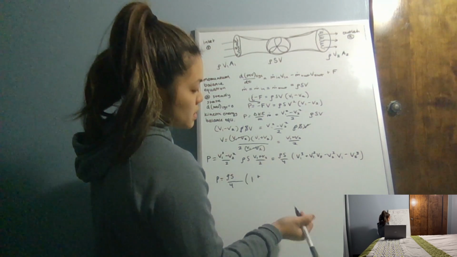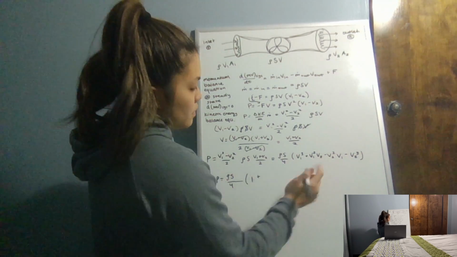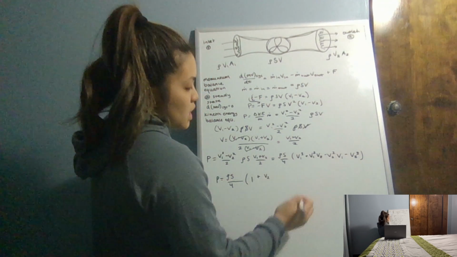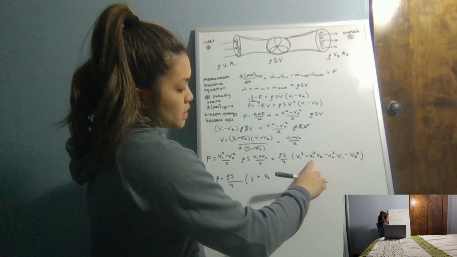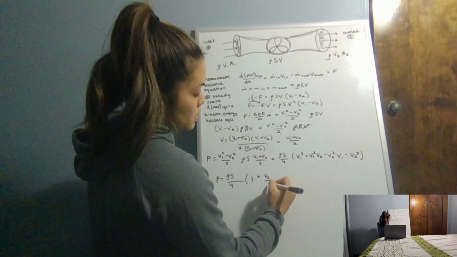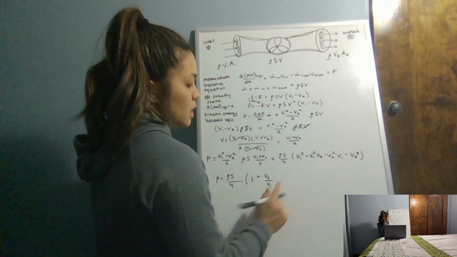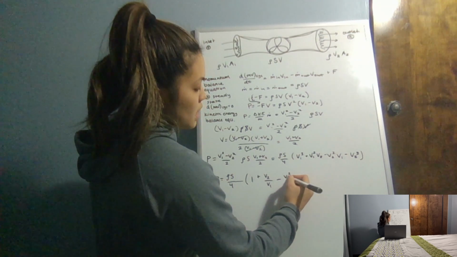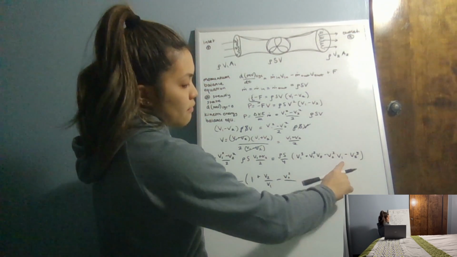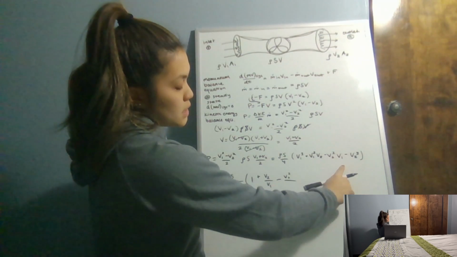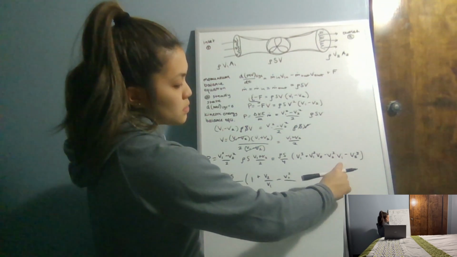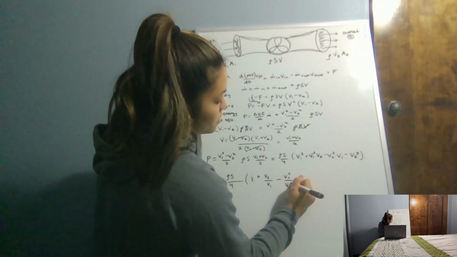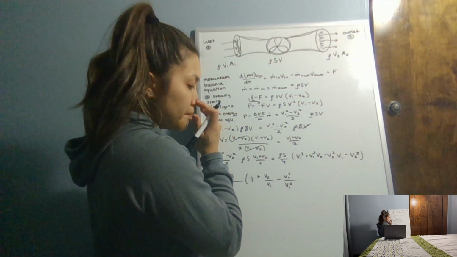Then we'll have plus the velocity 2, which will remain the same. If we divide by velocity 1 cubed, that will give us a velocity 1 in the denominator, minus the velocity 2 squared will remain the same, divided by velocity 1 cubed in the denominator, which cancels out with that one. That will leave us with velocity 1 squared in the denominator.